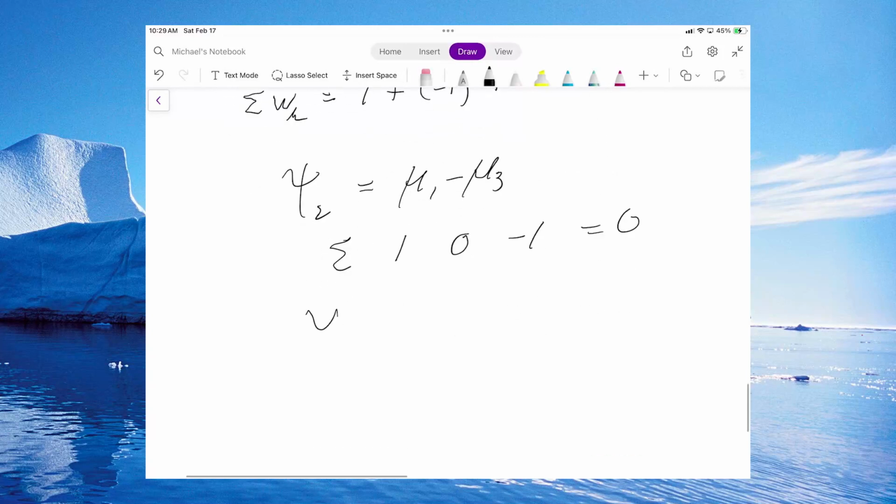And then our third contrast could be mean 2 minus mean 3. And those weights would be 0, 1, and -1. So 3 groups will lead to 3 different contrasts if we're doing pairwise contrasts.